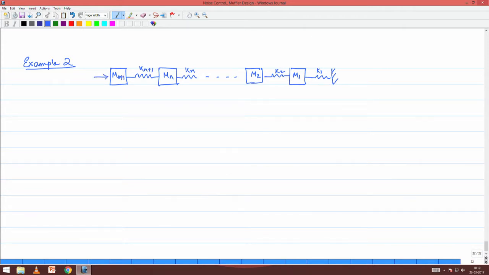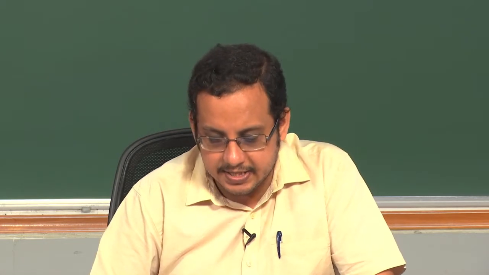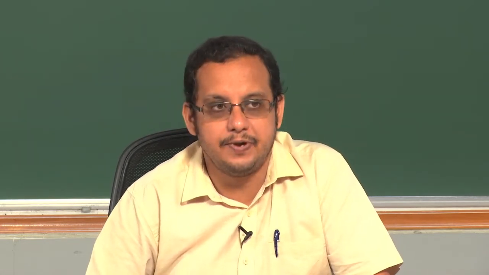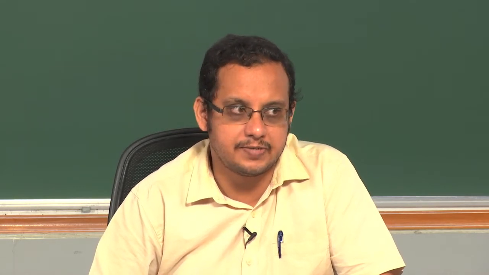Finally, let us say there is a force hitting this structure. Then, as we will now see, the analysis here is really simplified if you go by the electrical analogy or by the transfer matrix method.